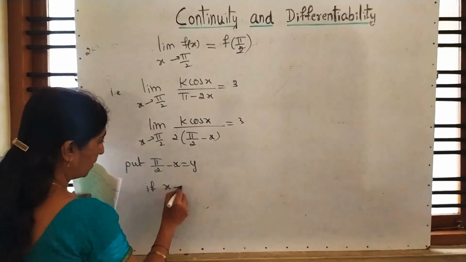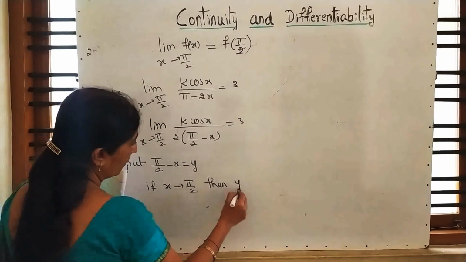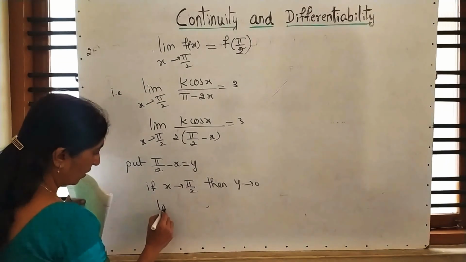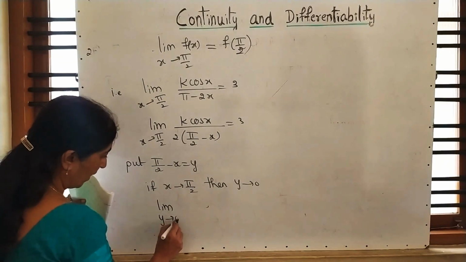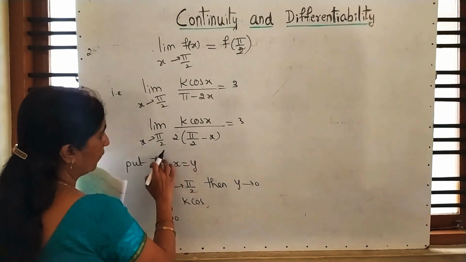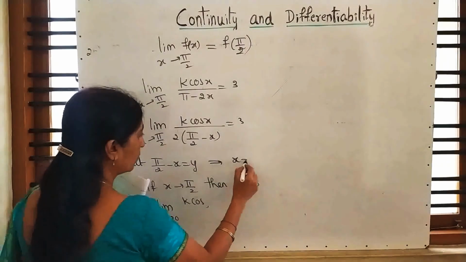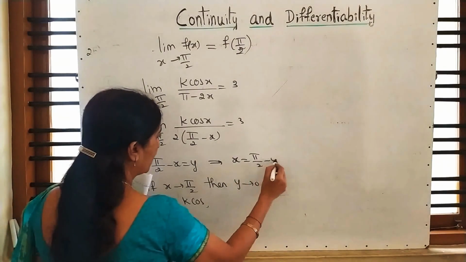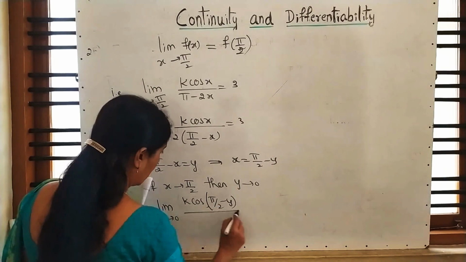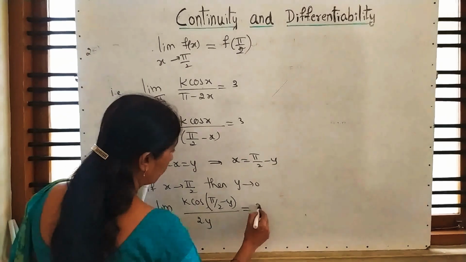See, if x tends to pi by 2, then what about the y value? Then y tends to 0. In place of x, if you write pi by 2, the problem is limit y tends to 0, k into cos of x upon 2 into y is equal to 3, where x is pi by 2 minus y.